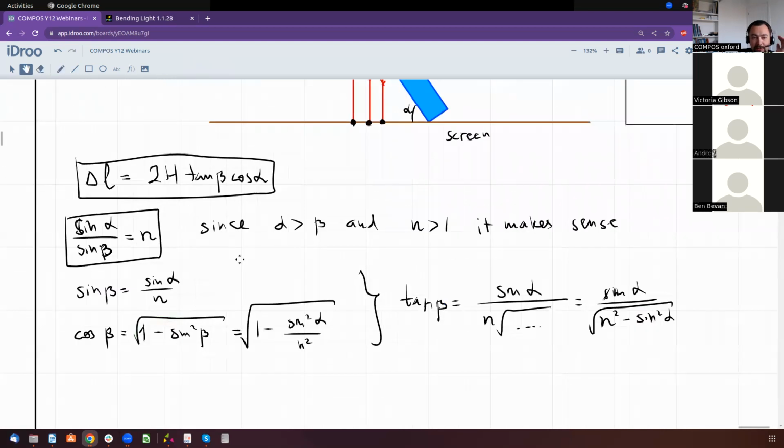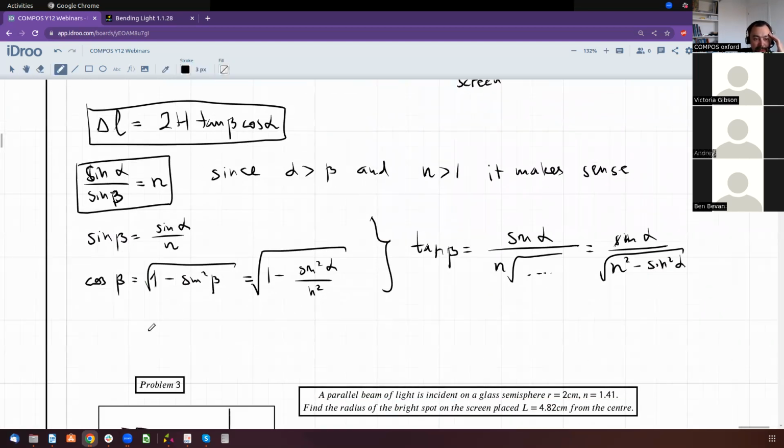So the distance between the two rays, delta L, is 2h sine alpha over the square root of n squared minus sine squared alpha, multiplied by cos alpha.